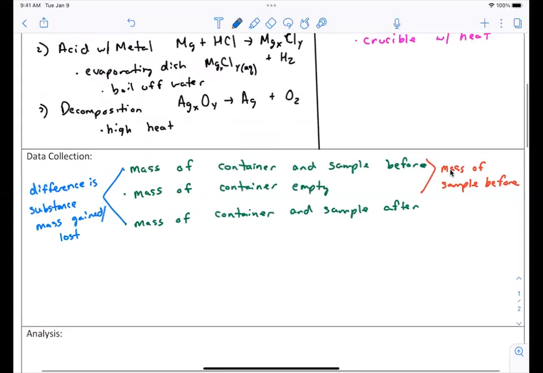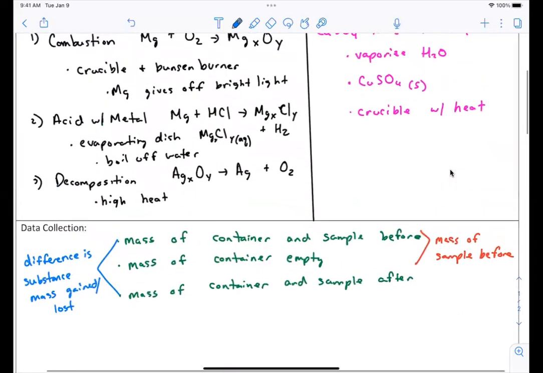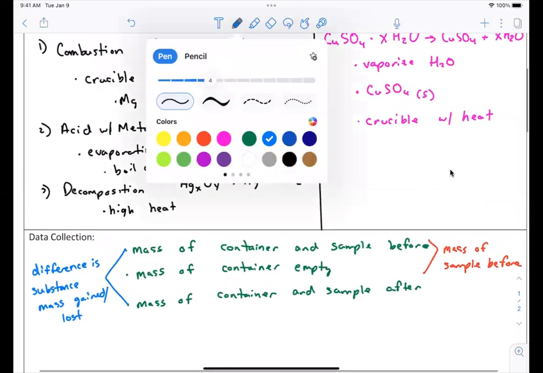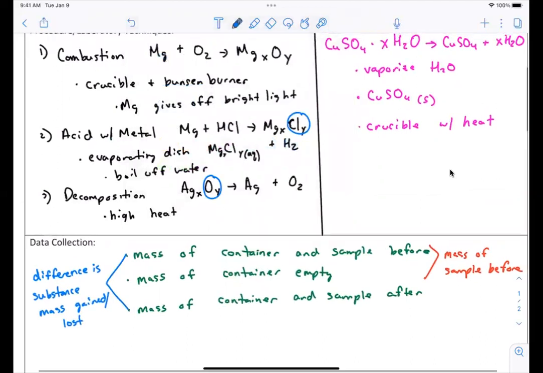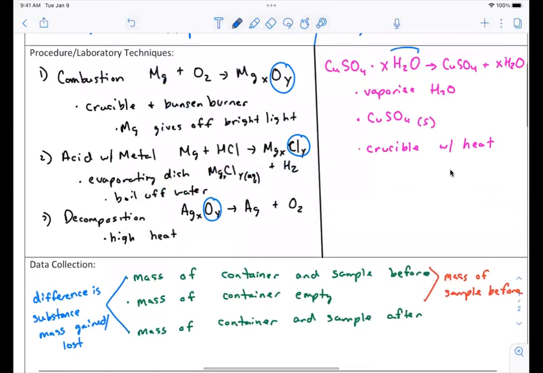For example, in here, the blue would be looking at the amount of oxygen that's lost here, or the amount of chlorine that's gained here, or the amount of oxygen gained here, or the amount of H2O lost here. So that new mass means you either gained oxygen or gained chlorine, or you lost oxygen or you lost water. But that's what that value represents.